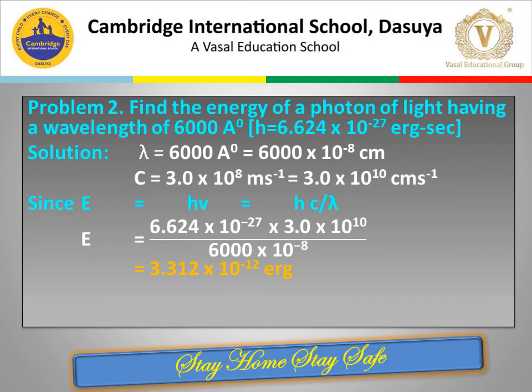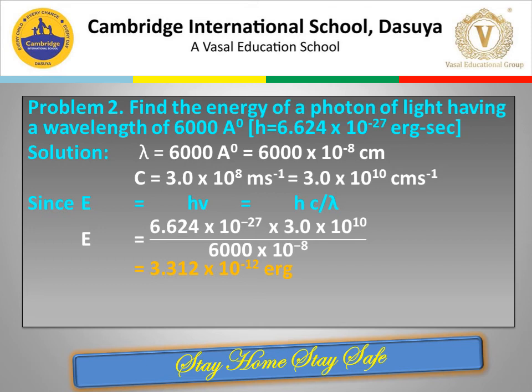Let us solve another numerical here. Find the energy of a photon of light having a wavelength of 6000 Armstrong. Here h is equal to 6.624 into 10 power minus 27 erg-second. It is given. First, let us write all those quantities which are given here. The wavelength lambda is equal to 6000 Armstrong.